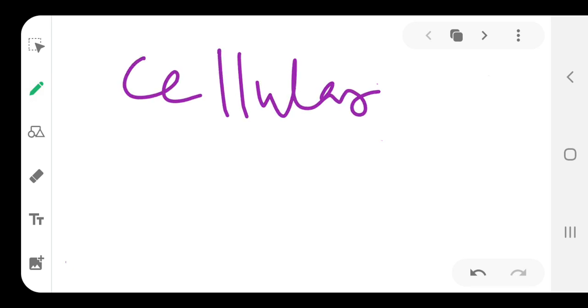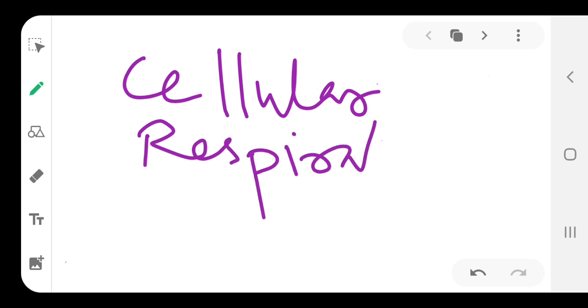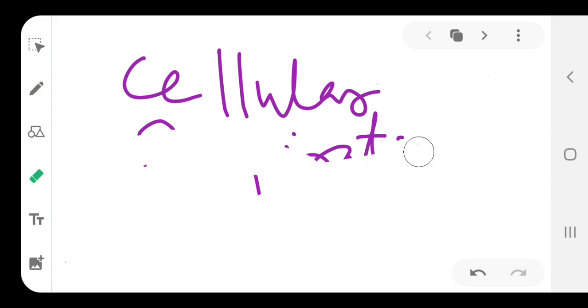So write it down, cellular respiration. I will prefer that you should be sitting with your textbook and copies together. Whatever I'm putting up on the small screen here, you can write it down. So let's begin this topic, cellular respiration.